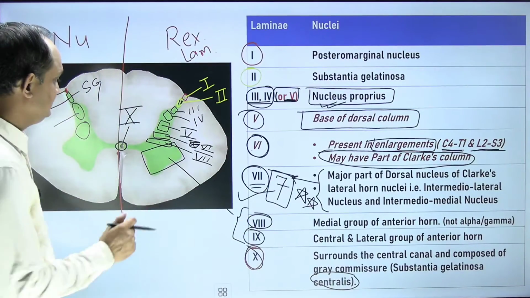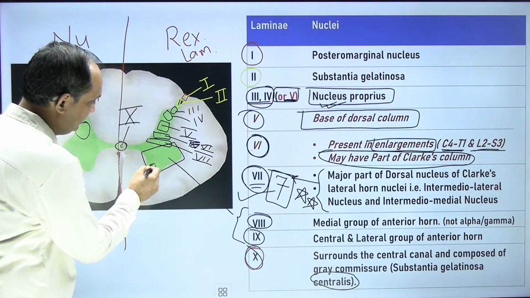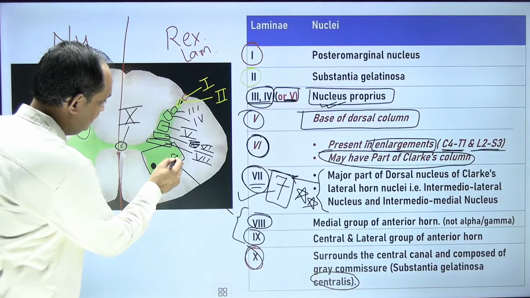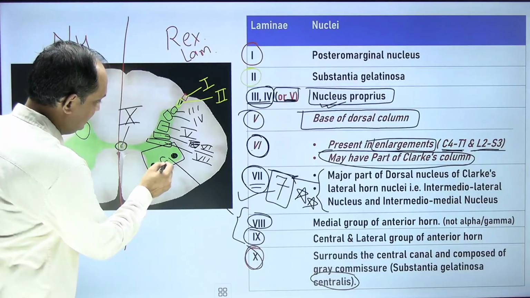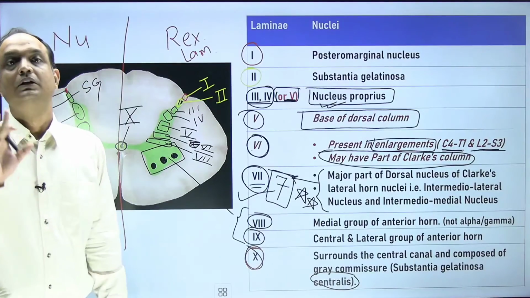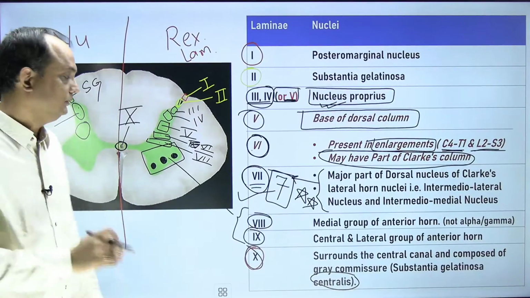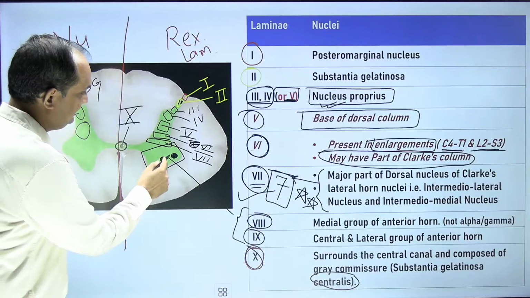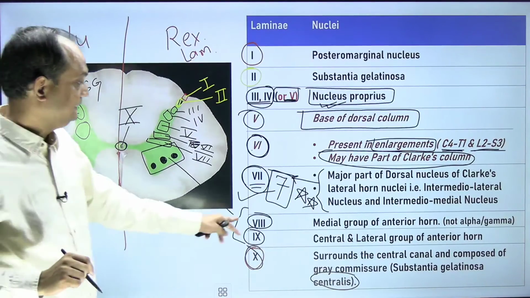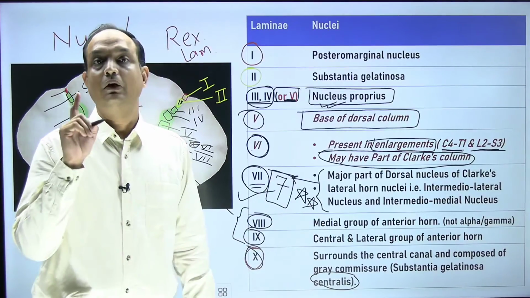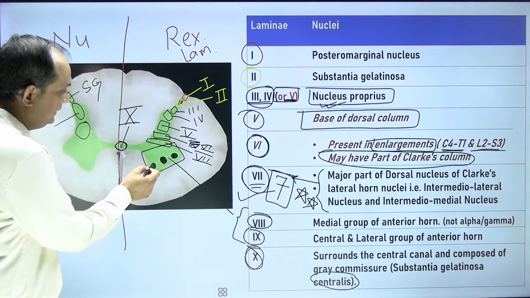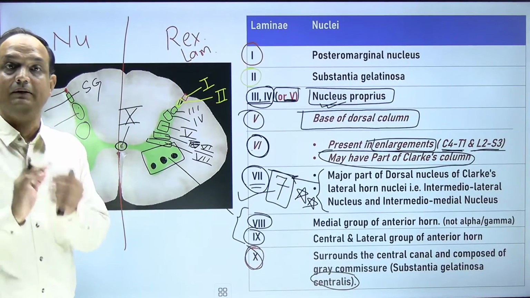Now what do you mean by 8 and 9? You have to understand that there are three groups of nuclei: this is the medial group, this is the lateral group, this is the central group. There are three groups of nuclei in the anterior horn: medial, central and lateral. But my dear students, Rexed lamina 8 is also present in the anterior horn, but it is not talking about this medial group of alpha and gamma motor neurons.